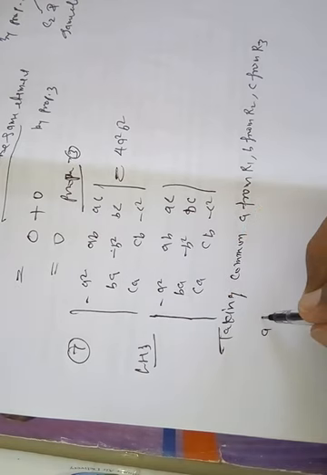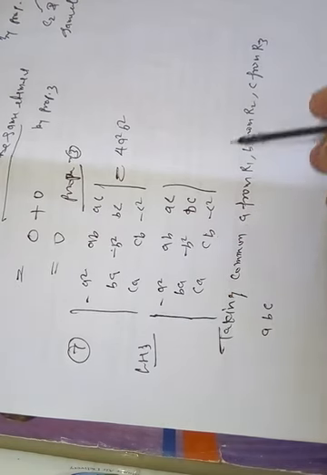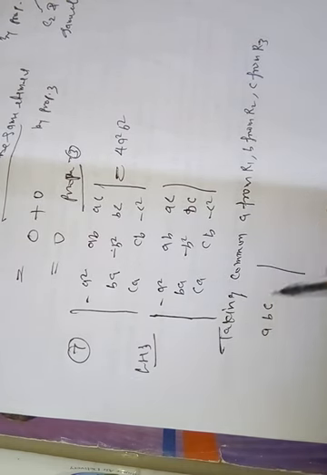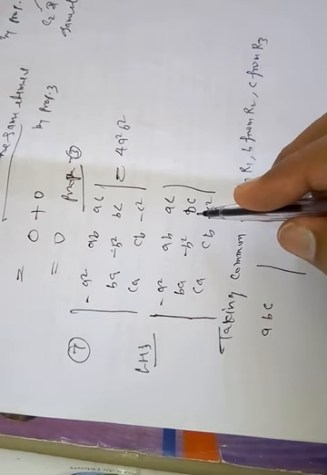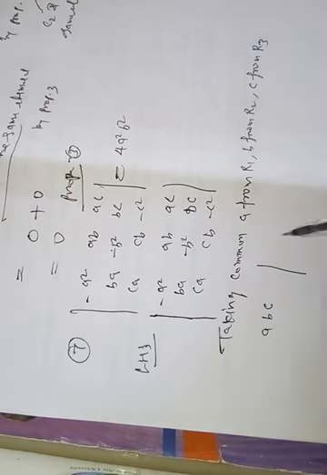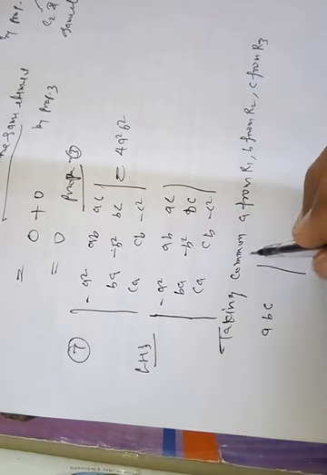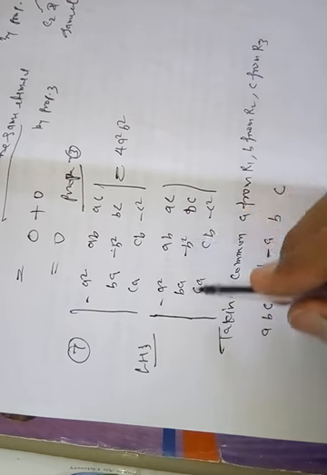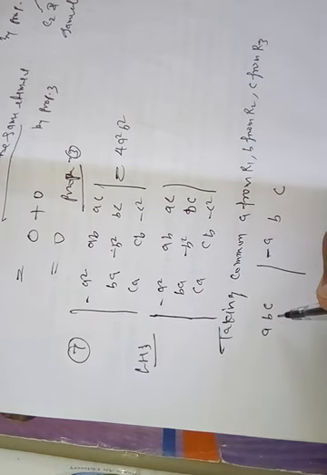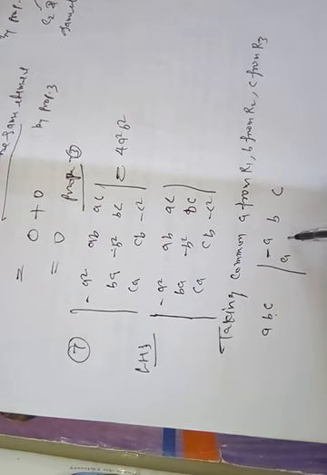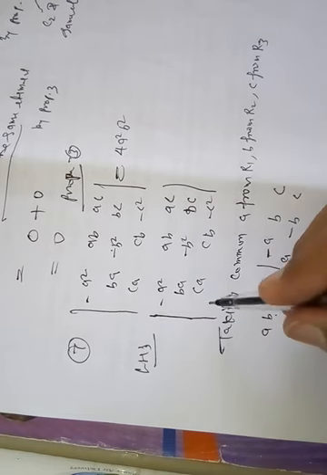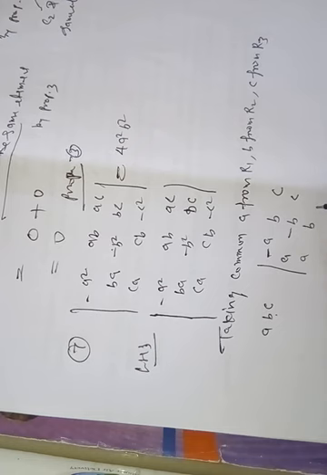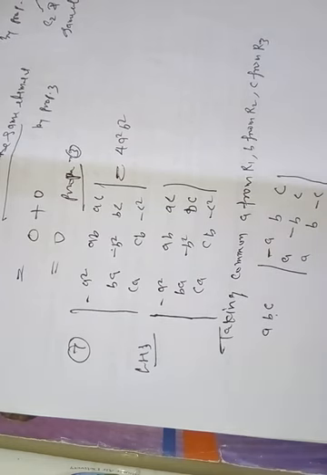So a, b and c are multiplied, taken common outside the determinant. Taking a common from the first row, leaving minus a, b, c. Taking b common from this row, leaving a, minus b, c. Taking c common from this row, leaving a, b, minus c. Ready?